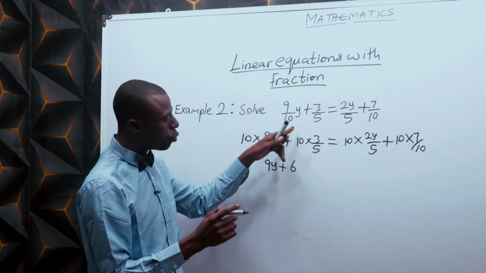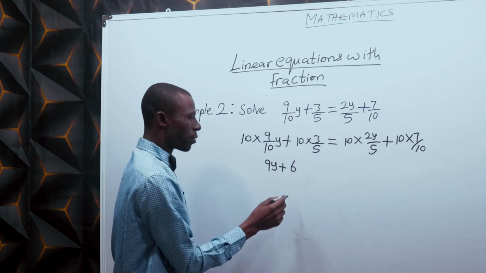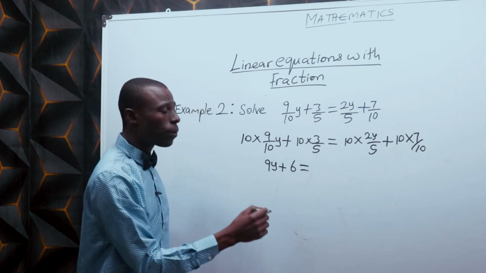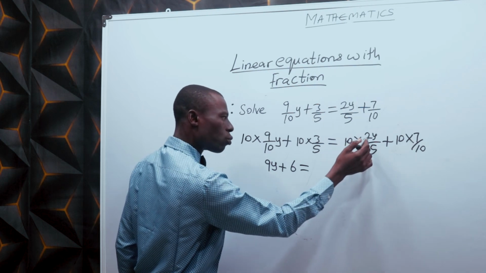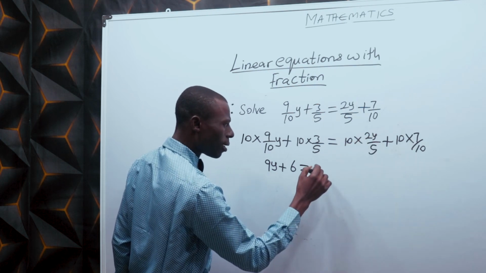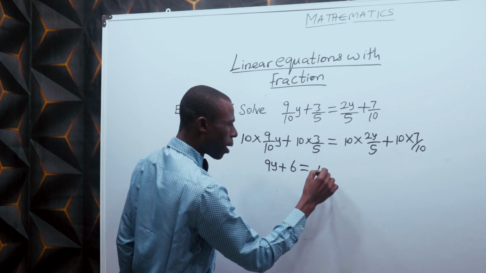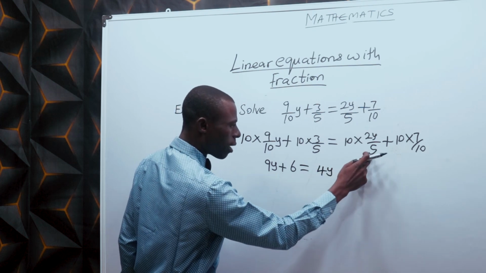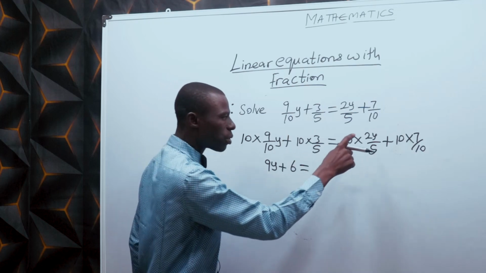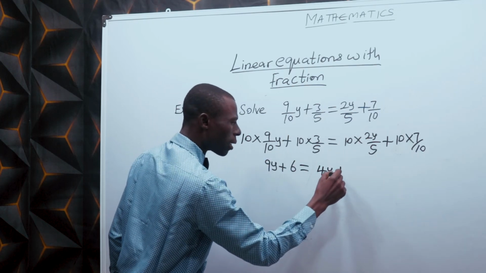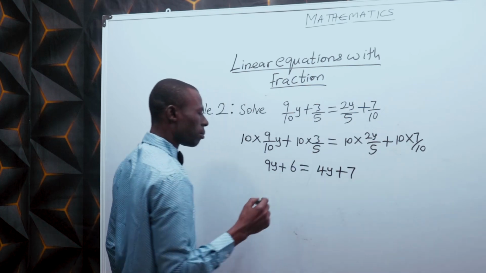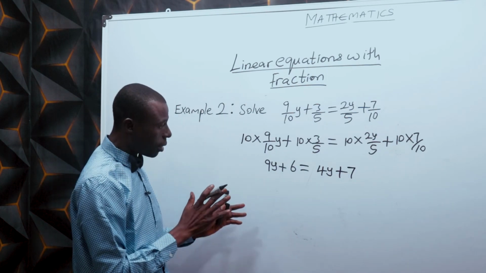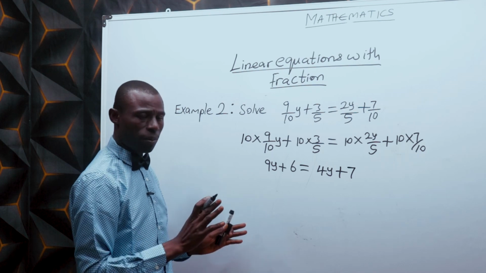Equals 5 in 10 is 2, 2 times 2y is 4y. Plus 10 in 10, 1, 1 times 7, 7. Here we are. Can you see the fractions have been cleared?